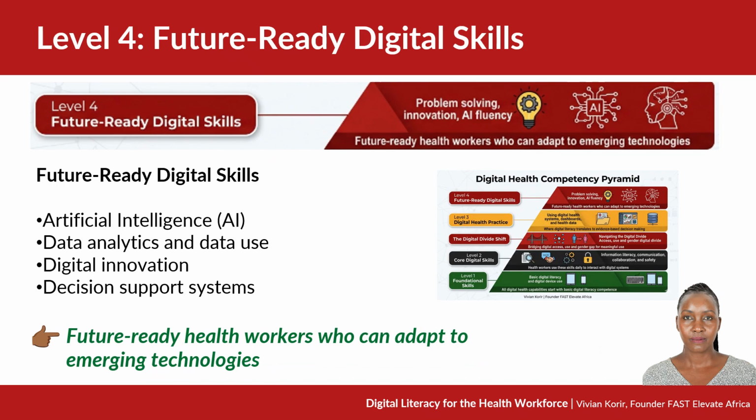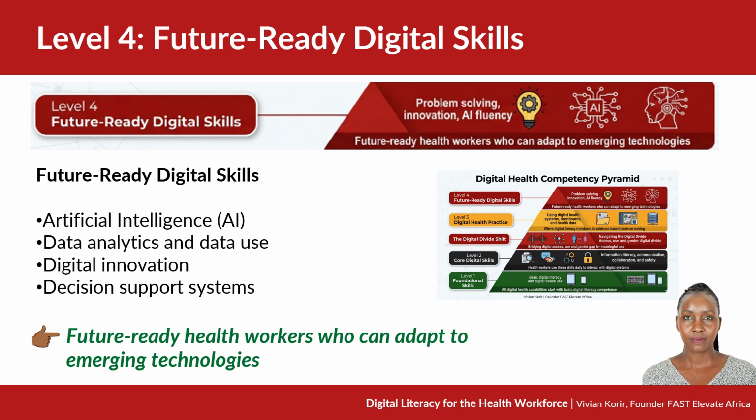At the top of the pyramid, we reach level 4, future-ready digital skills. This level includes emerging and advanced areas such as artificial intelligence, data analytics and data use, digital innovation, and decision support systems. At this stage, health workers move beyond being users of digital tools. They begin to work with data and technology in more advanced and strategic ways.